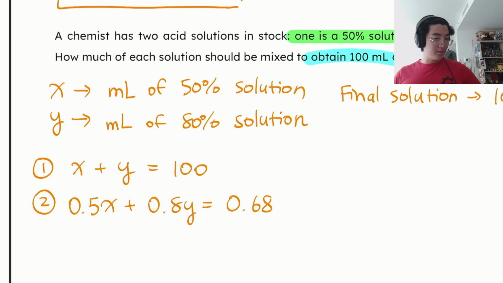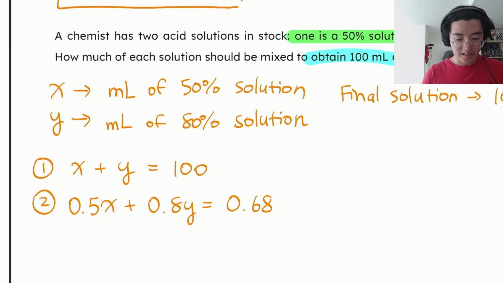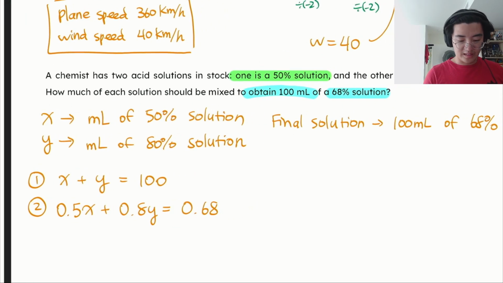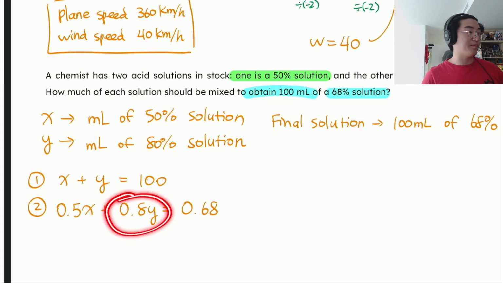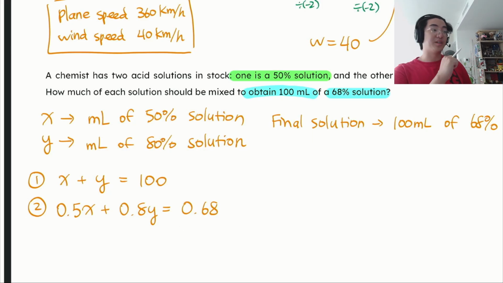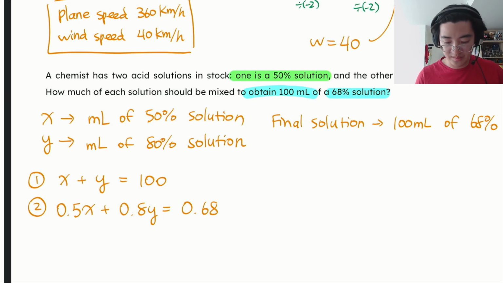This is how we will set it up. x is the number of mils of 50% solution. y is the mils of the 80% solution. And now our final product needs to be 68% solution, 0.68. However, there's one thing you have to watch out for. The final solution is actually 100 mils.